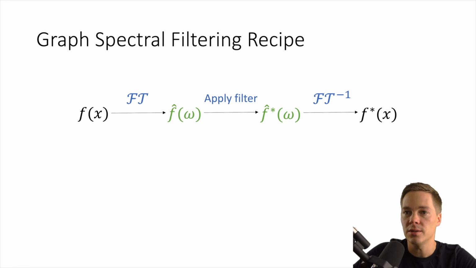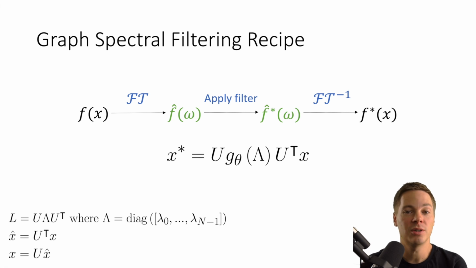And once we're in this world, we can apply a filter to it by modulating different frequency components. So we can amplify or diminish their intensity, and that applies some kind of filter, which gives us this modified version. And with this modified version, we can take the inverse Fourier transform to go back to our original domain, and now we have this filter that's been applied.